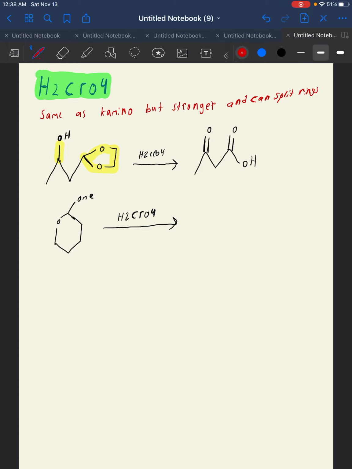Now, H2CrO4 can also break rings. What do I mean by that? I mean it can actually break a ring and then oxidize it.